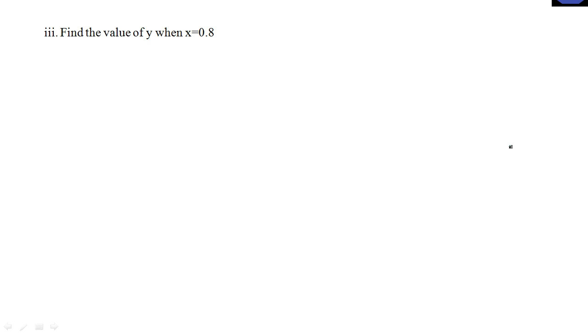The next question, they're asking us to find the value of y when x equals 0.8. This one is very straightforward. We know from the previous slide that y is equal to half minus (x minus 1) over 4 plus (x minus 1) squared over 8 minus (x minus 1) cubed over 16.